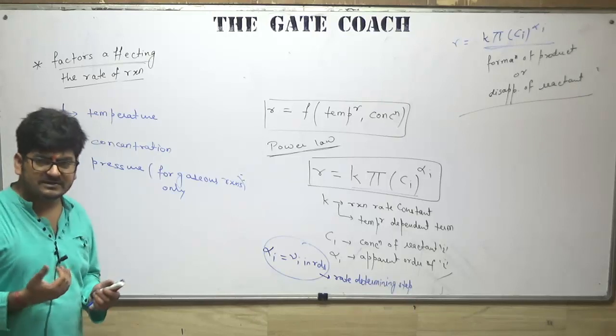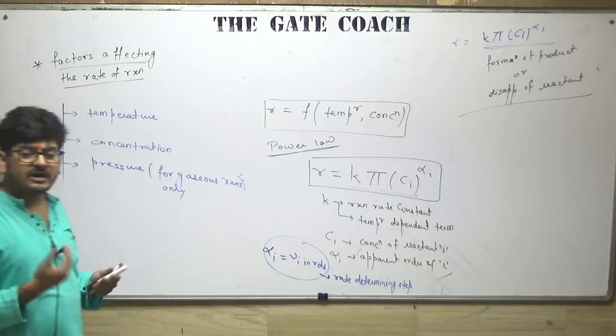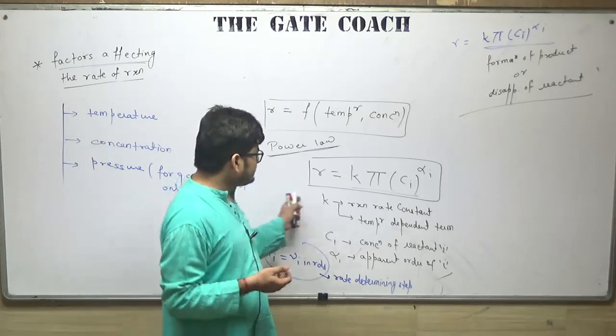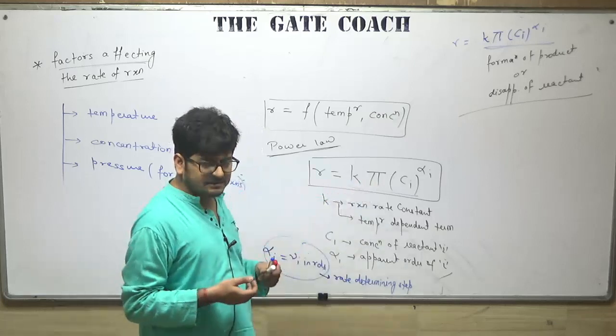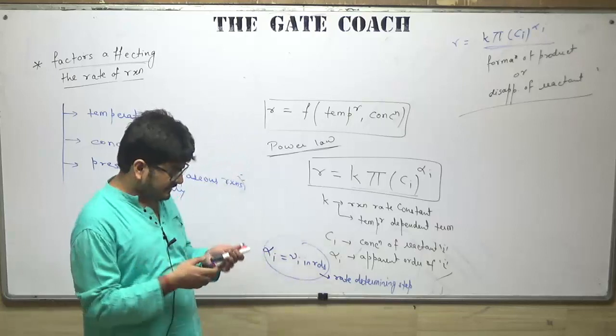What is the meaning of this thing, that we will understand, but I hope it is clear to all of you. And how to write the rate of reaction in terms of K and Ca, concentration, from power law? Let's see.